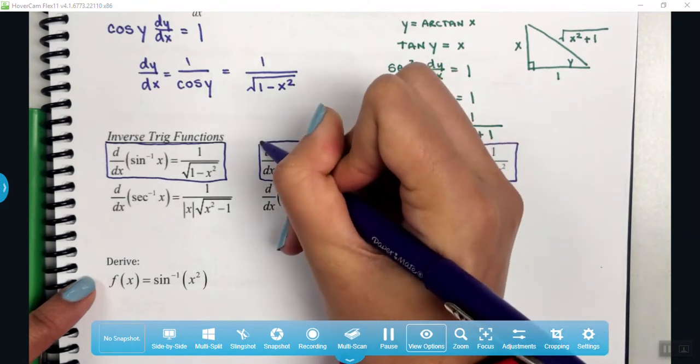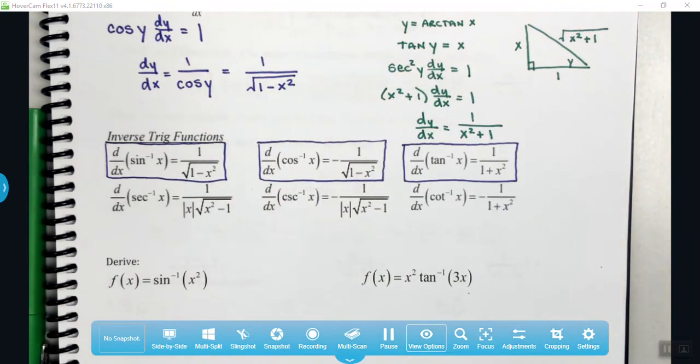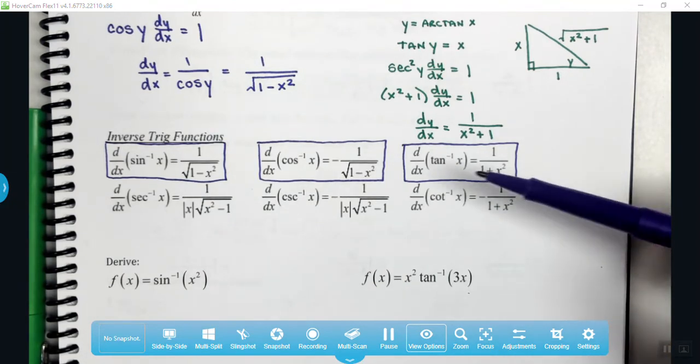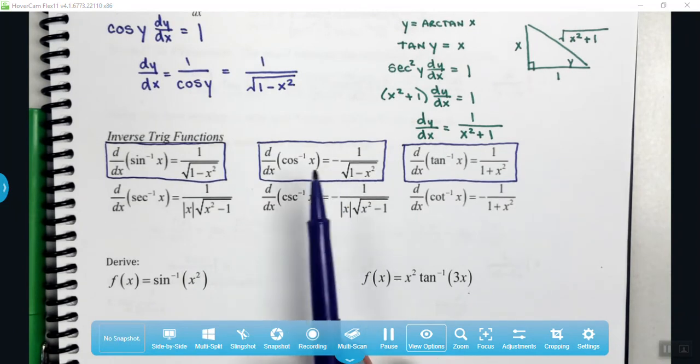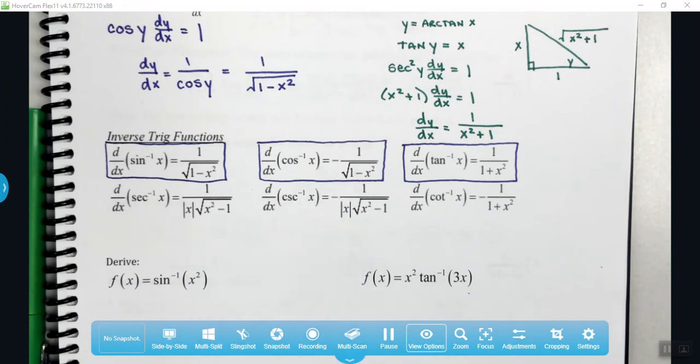Cosine's the negative of sine, so it's not hard to remember. So just know sine and tangent. You don't have to use cosine, but I would like you to know the derivative of cosine is just the negative of sine.